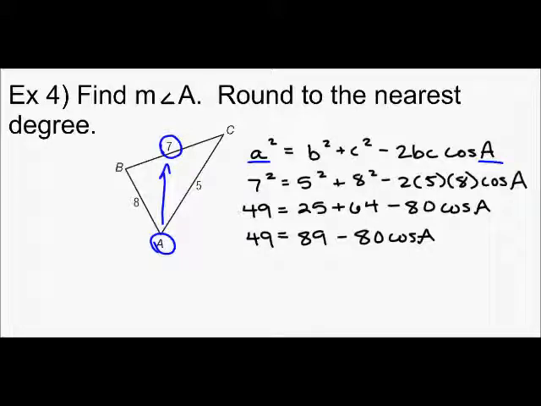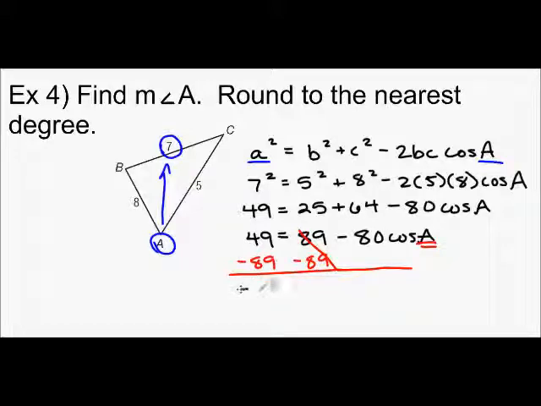Okay, now our objective is to get this A by itself. To do that, I have to get cosine A by itself. So I'm going to subtract 89 from both sides.